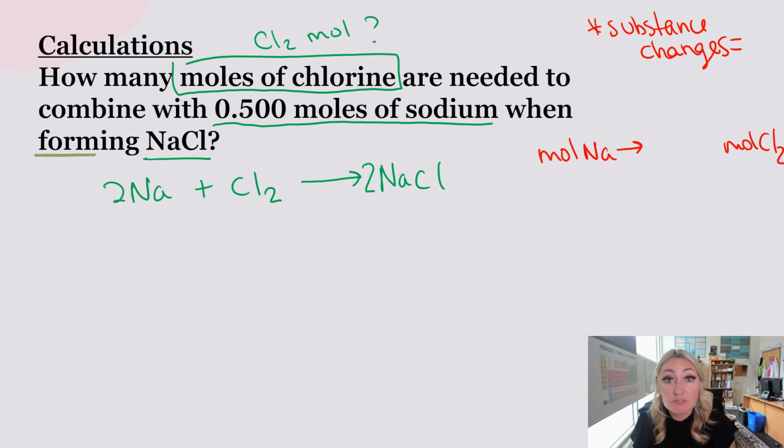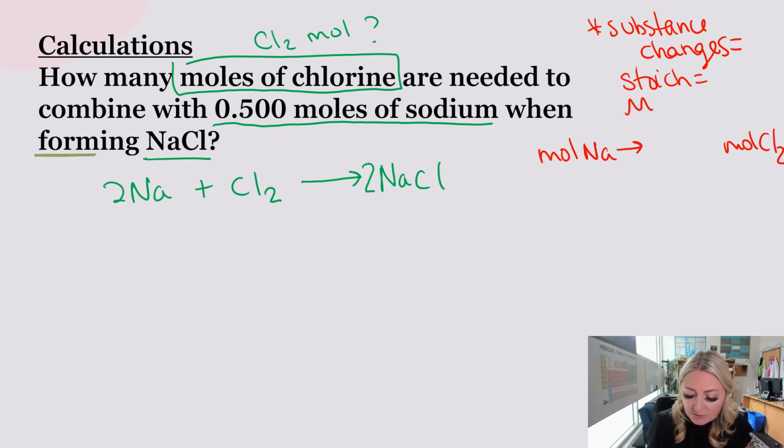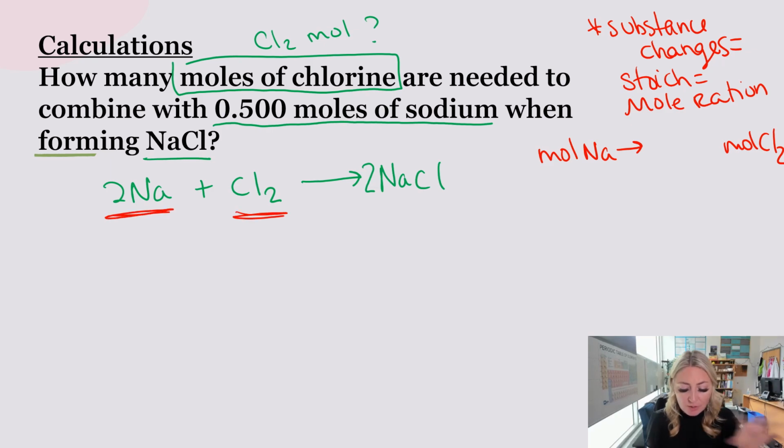We're writing in red. It's a red flag that this is stoichiometry and that you're going to need a mole ratio. And the mole ratio comes from the balanced equation. So we are going from moles of sodium to moles of chlorine. If we start with this much, how many of the other are we going to need?